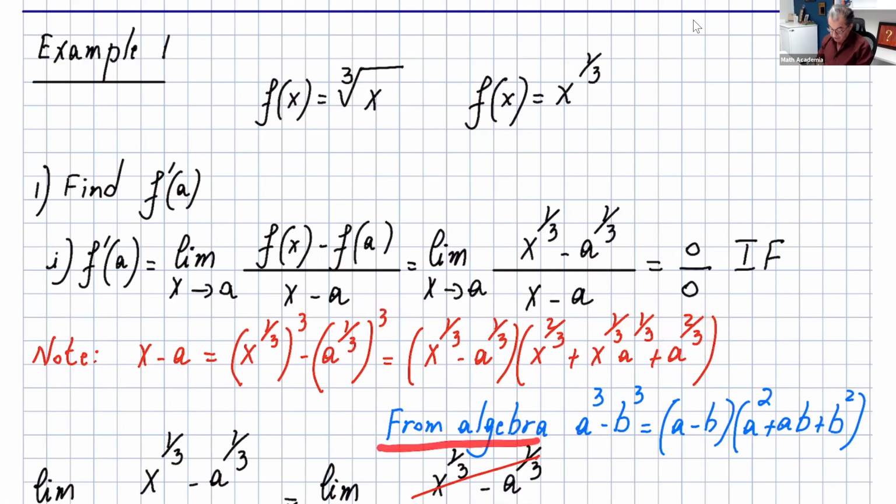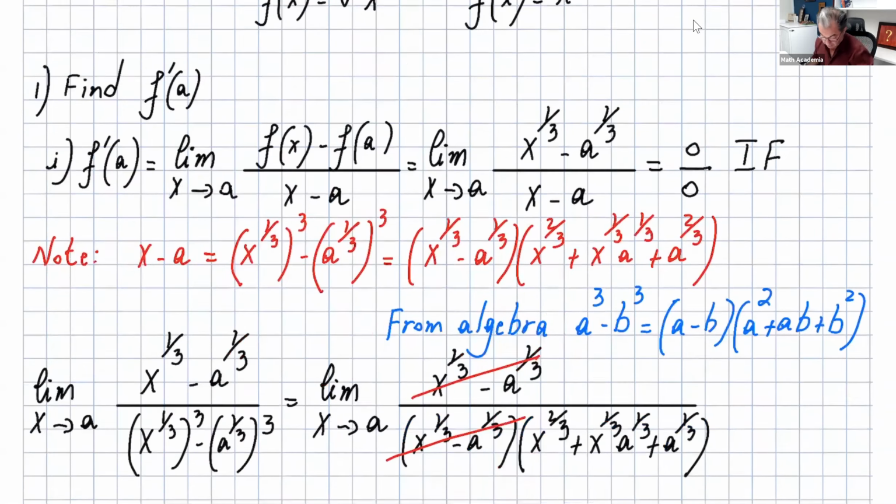This is from algebra. Remember, the difference of two cubes a cubed minus b cubed is a minus b times a squared plus ab plus b squared.